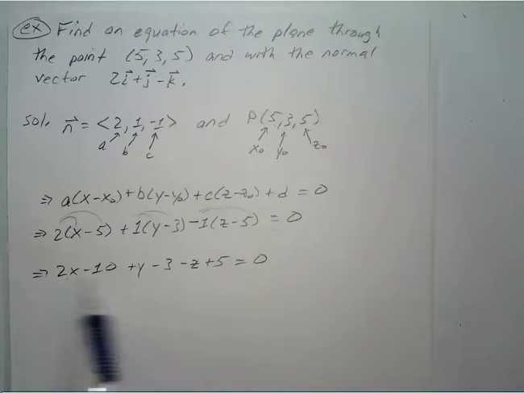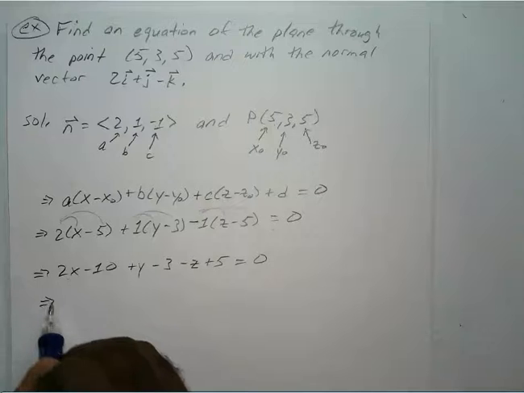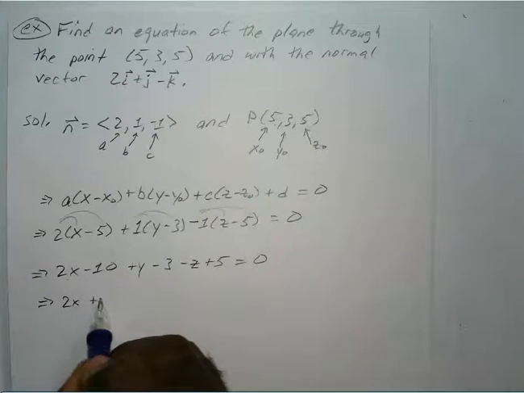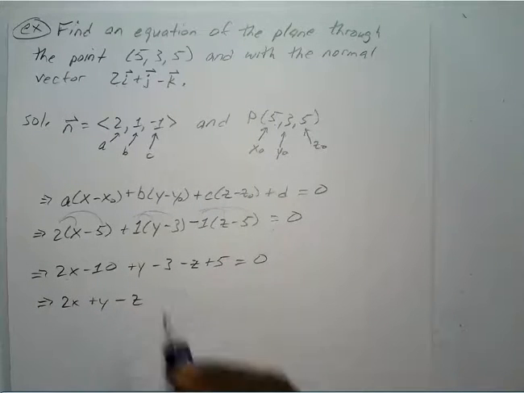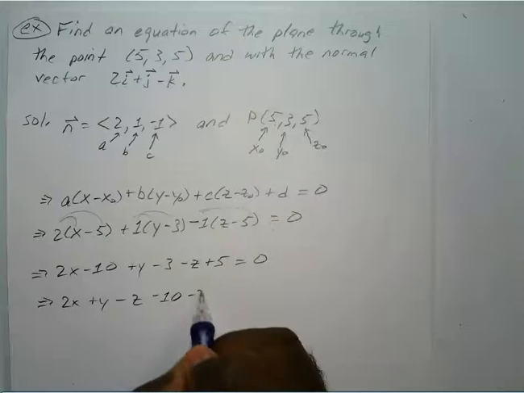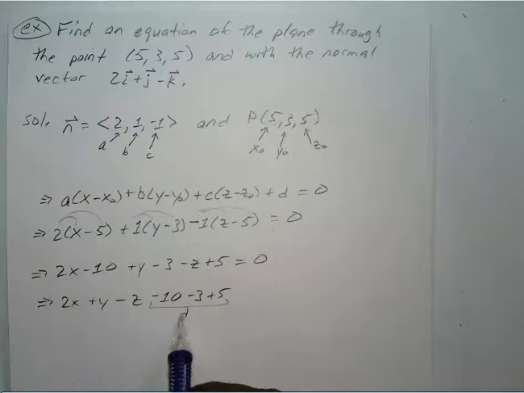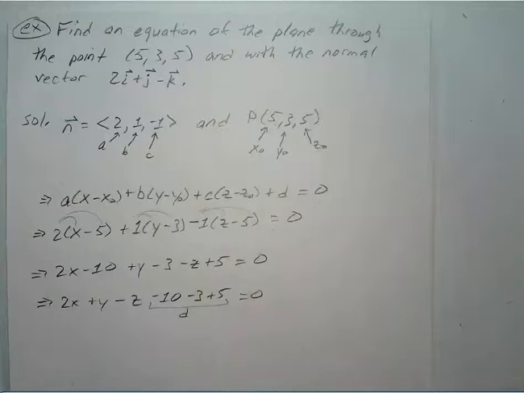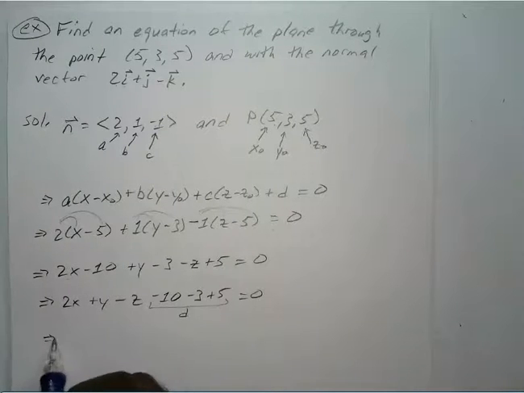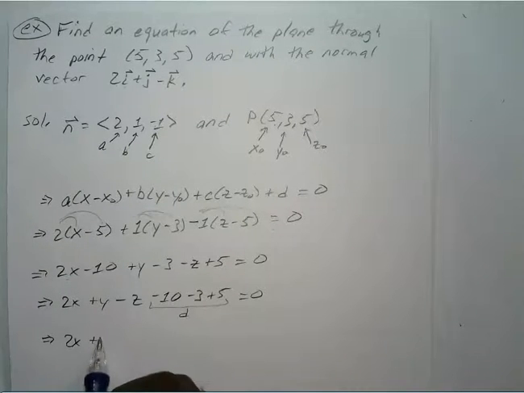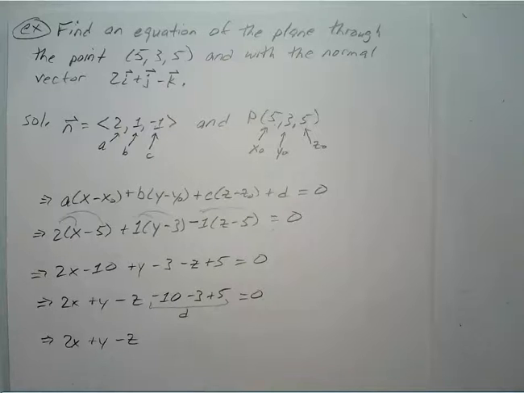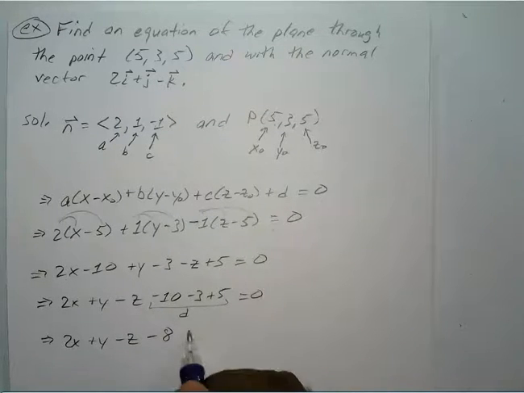Okay, so we get our x, y, and z terms and put them together. So we have 2x plus y minus z minus 10 minus 3 plus 5. Okay, so this would actually be our d value. So we have 2x plus y minus z minus 8, if you add all that together, equals 0.